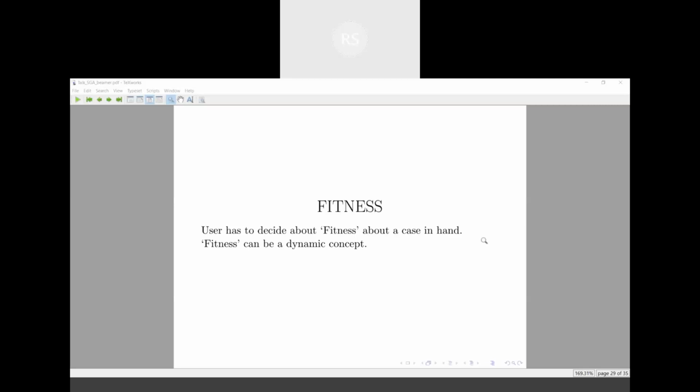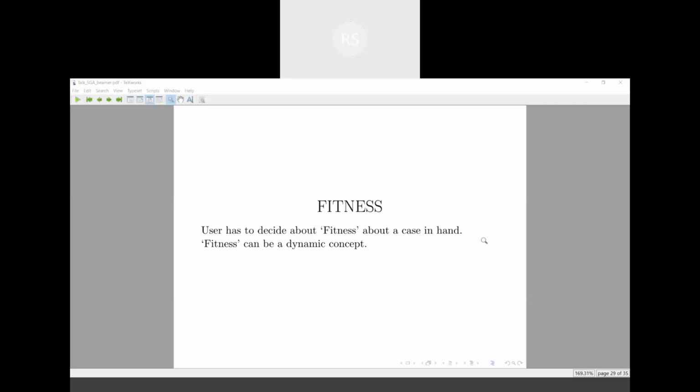So in the beginning of your genetic algorithm, when you create the first generation, your fitness criterion can be different. You can tune your fitness criterion as you go from generation to generation.